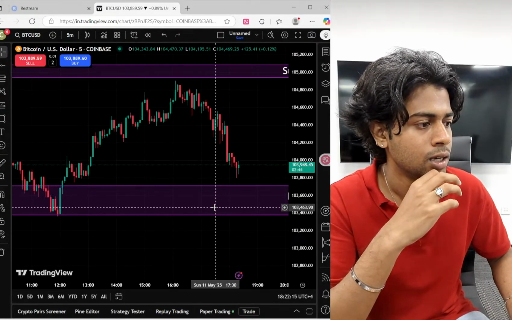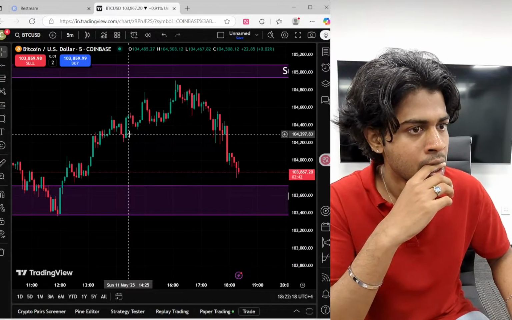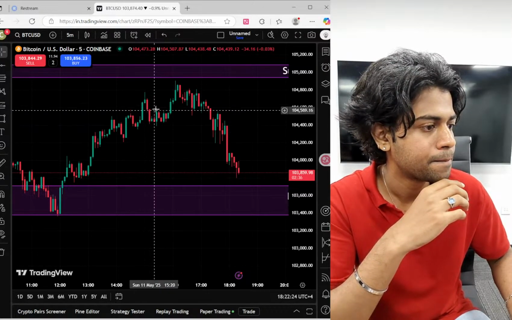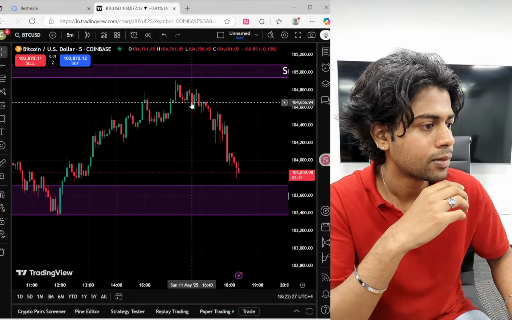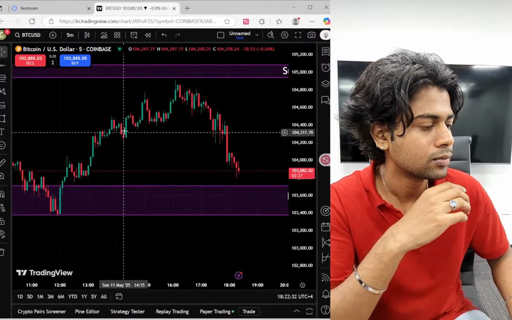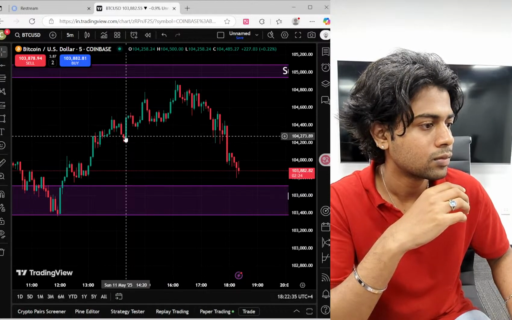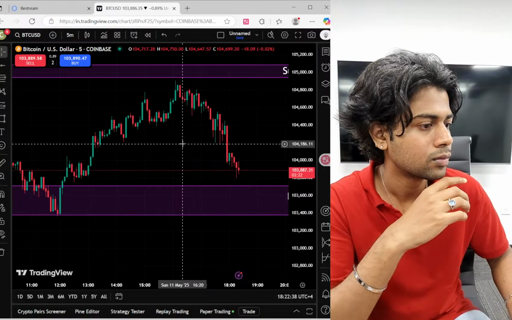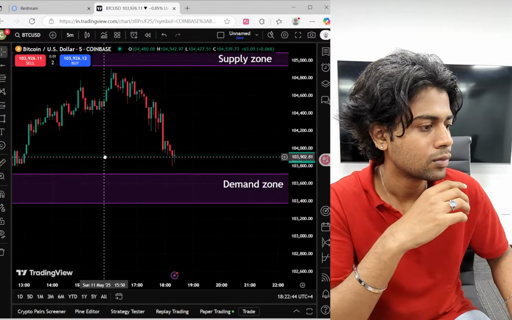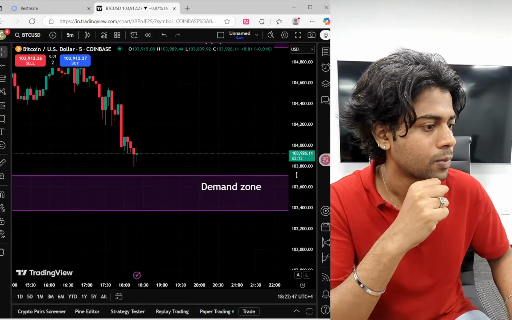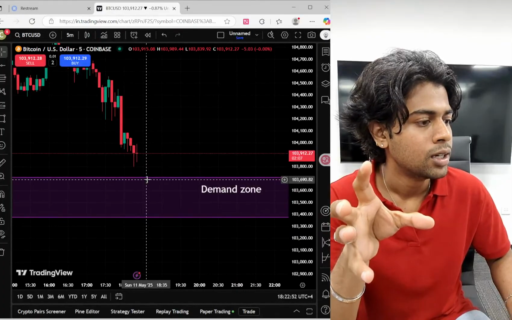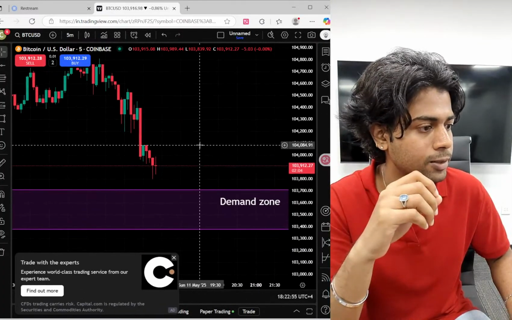Let's see. See, the more the market is coming near the demand zone, the buying pressure is also increasing at the same point.